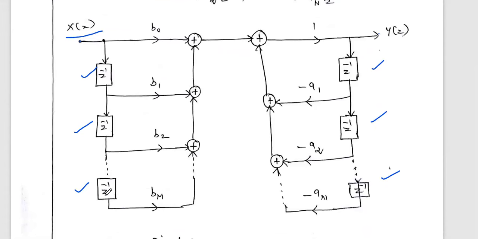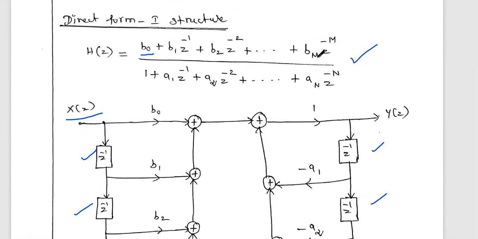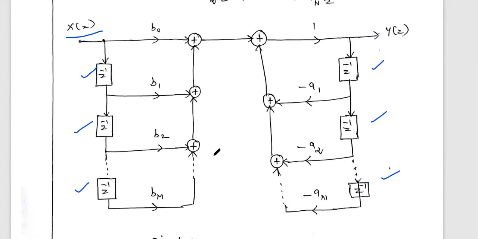Similarly we use m number of delay elements. The last delay element is multiplied with the coefficient bm. We add the outputs using adders: the last two lines are added using one adder, then the output of this adder and the next are added using another adder. So this is the first half of the diagram.